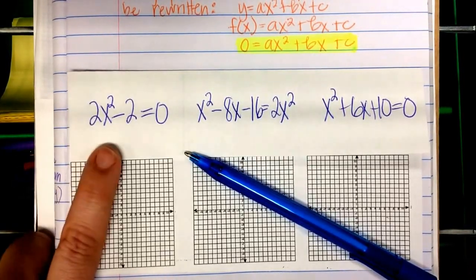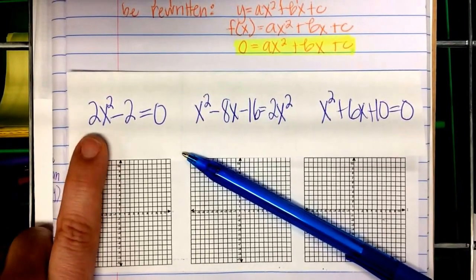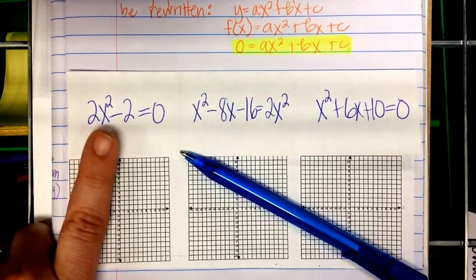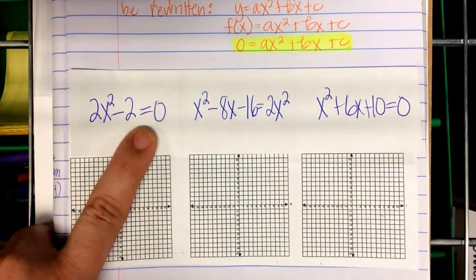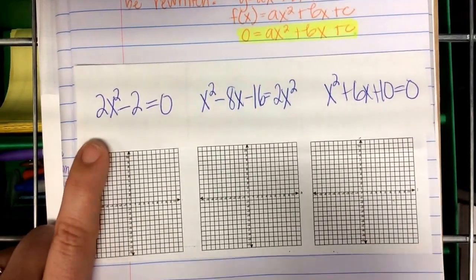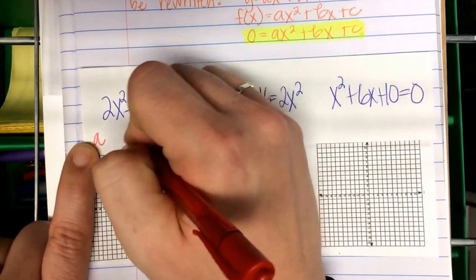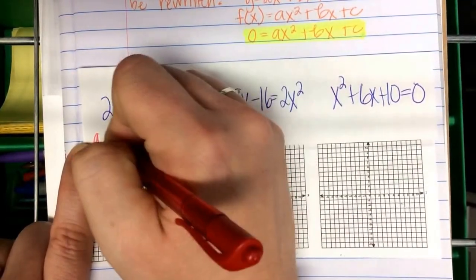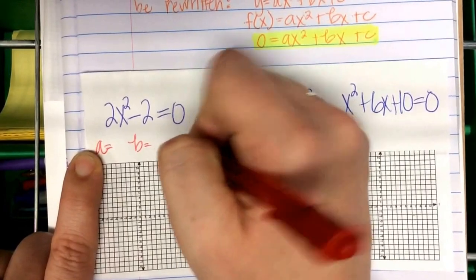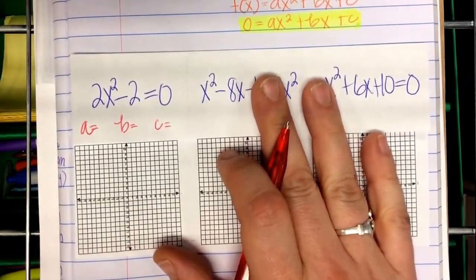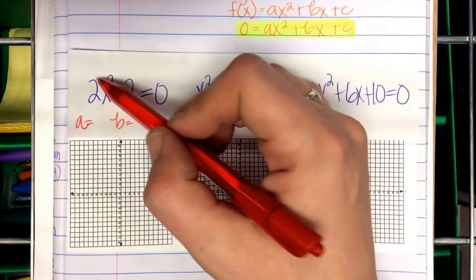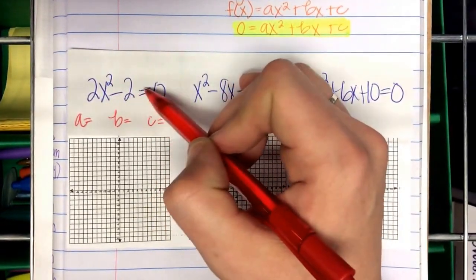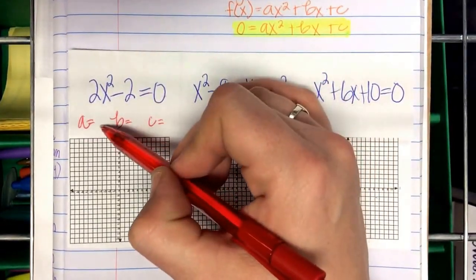And the first example we're going to work through is starting right here, is 2x squared minus 2 equals 0. So the first thing let's do is let's identify the A, the B, and the C. Let's make sure we remember this concept. So looking at 2x squared minus 2 equals 0, what's the A value?